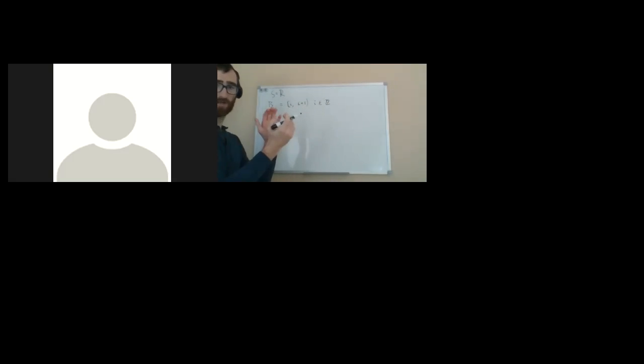Okay? So the first thing is to notice that the B_i's form a partition, right? So the first thing to check is that every r in the real numbers is inside some [i, i+1).